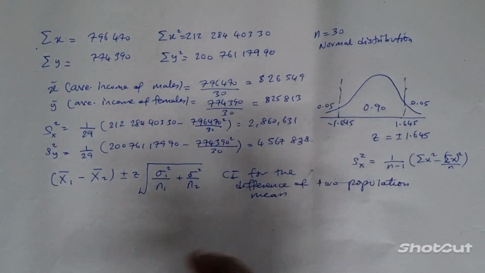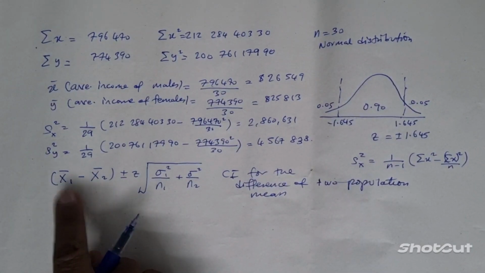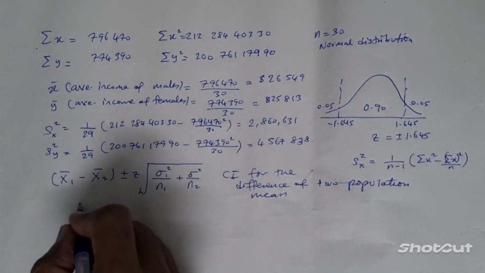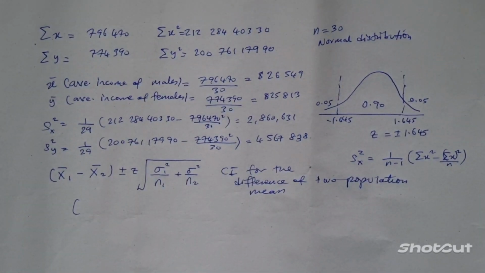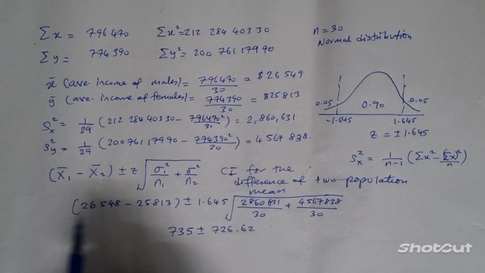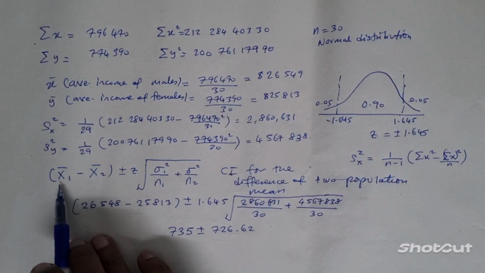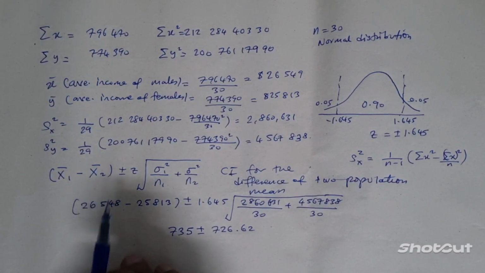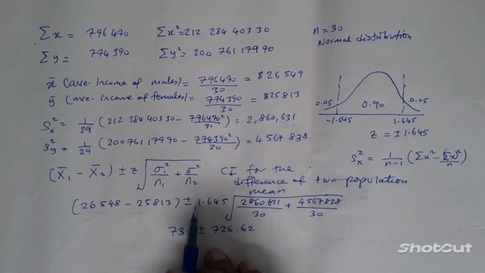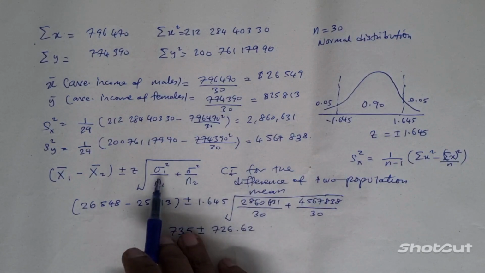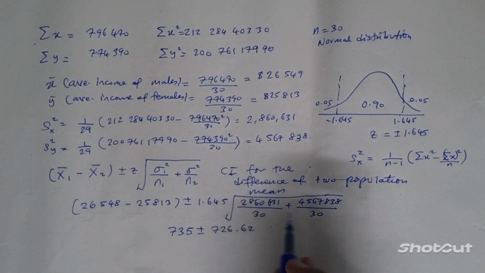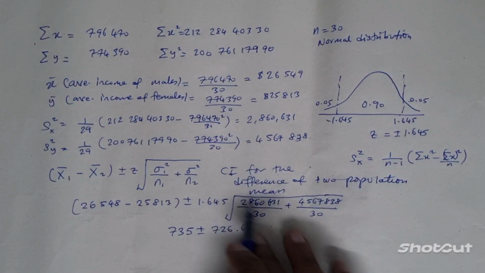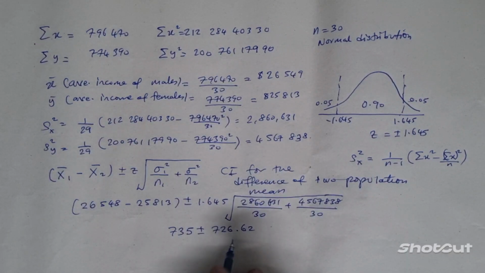So all we need to do is just substitute the values into this formula. This is going to give the mean of x1 minus the mean of x2, which is the mean of the male minus the mean of the female income, plus or minus the z value times the square root of the variance of each one of them over their sample sizes, summed, and this is the figure that you reach.